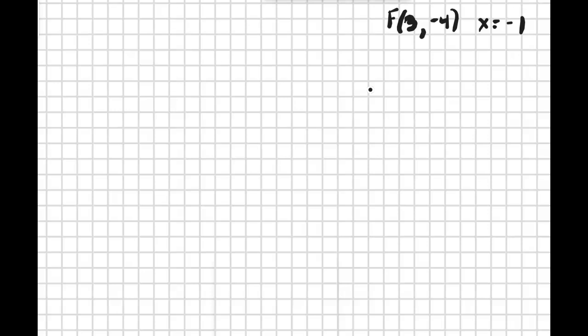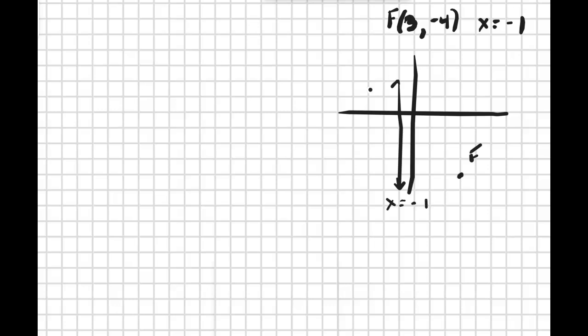If I were to sketch that, to get to the focus, I would go over 3, down 4. There's my focus. The directrix of x equals -1 would be a vertical line crossing my x-axis at -1.